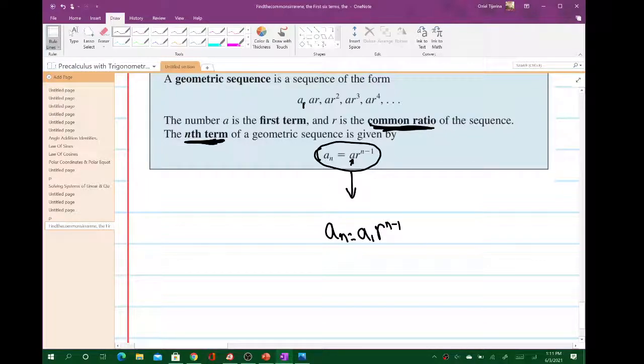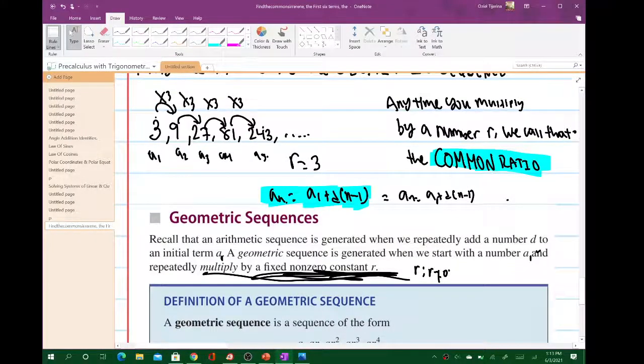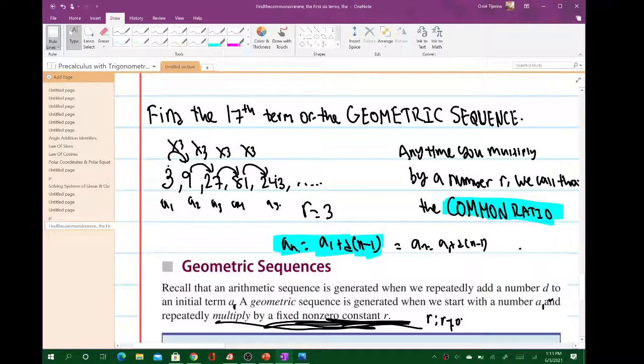So yes, this is what it is: a sub 1 r to the n minus 1. In this problem, we keep multiplying by 3, and anytime you keep multiplying by a specific number, that's your common ratio.